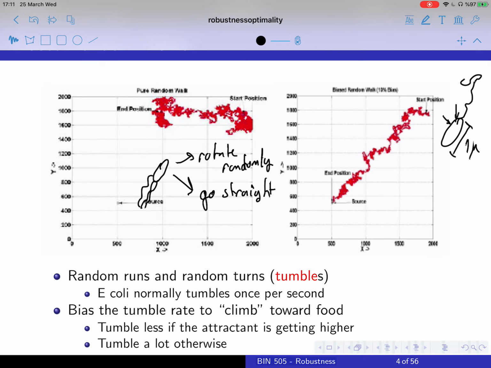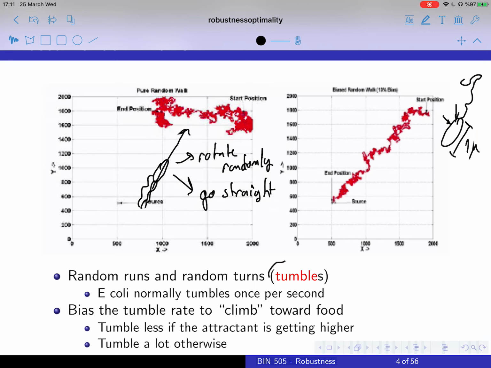You can think of it like yourself trying to walk in a very powerful storm, right? You can generally walk in the direction you want, but you're going to be thrown around a bit. Same thing with bacteria. So they randomly either do a run, which means they go straight, or they do random turns.